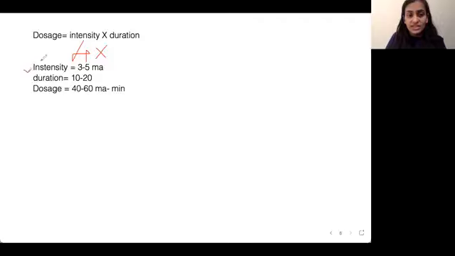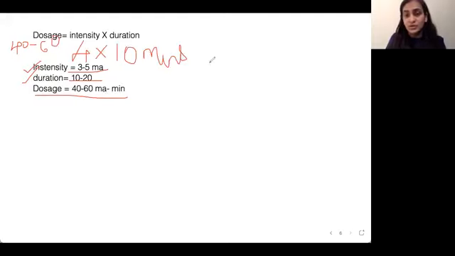You have to make sure that the intensity is between this, the duration is between this, and the dosage is this much. Your dosage should be 40 to 60. So what should your duration be? Your duration should be 10 minutes. This is the best dosage that you could give in iontophoresis. So if you ever get an option for 4 milliampere for 10 minutes, it's going to be the best.